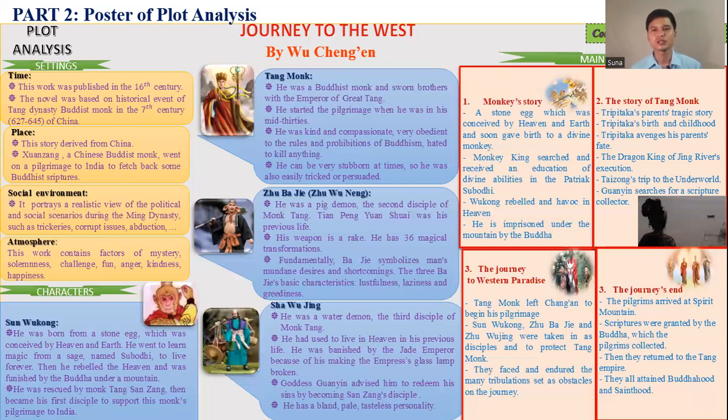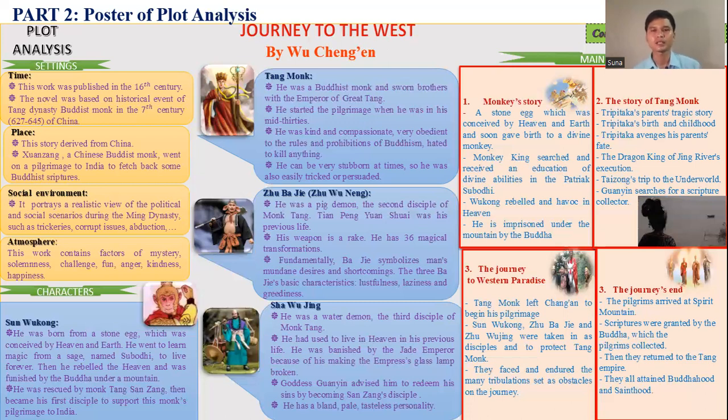Monkey King searched for and received an education of divine abilities from the patriarch Subhuti. Wukong then rebelled and wreaked havoc in heaven. He was imprisoned under the mountain by the Buddha.